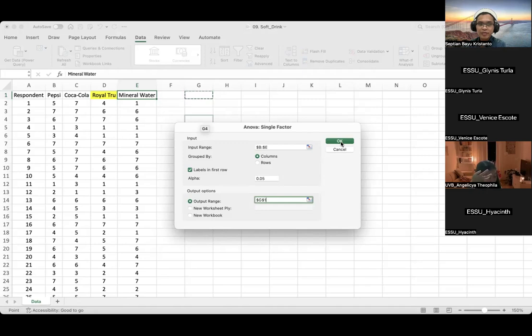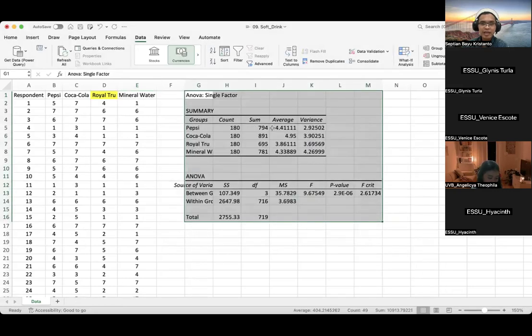Then they drank the Coca-Cola, and scored 7 out of 10. When they drank the Royal True, they scored 4 out of 10. And after all those sugary drinks, they can have the mineral water. They scored 1 out of 10. So for this case, we can make some analysis like this.